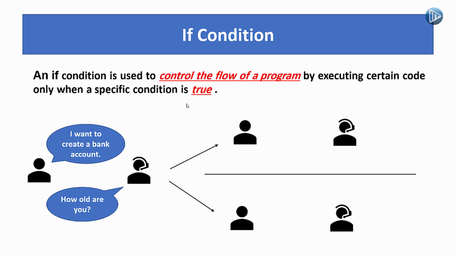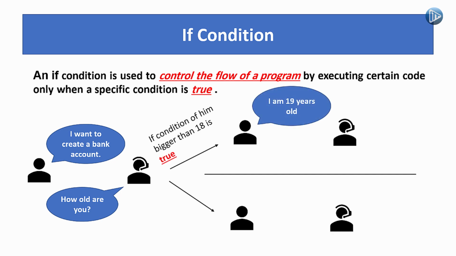The first situation: if he said that he is bigger than 18 years old, which means he is an adult, for example 19 years old, we may allow him to proceed to create his bank account by filling a form and maybe submitting his ID.